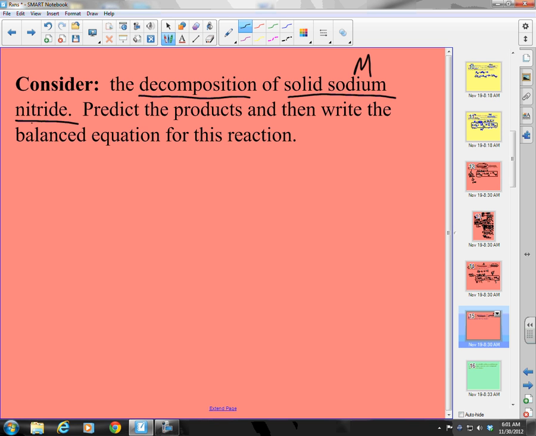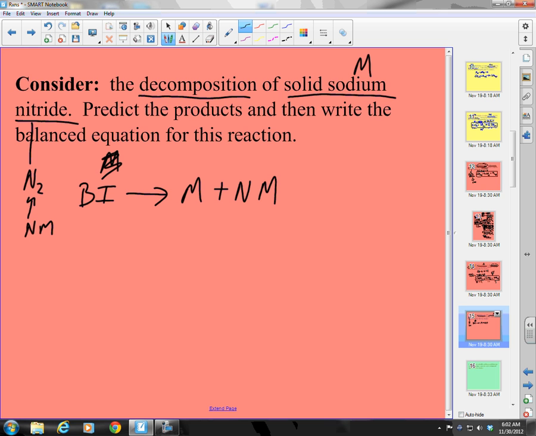Well, nitride comes straight from nitrogen, so that is a non-metal. What do we call a metal with a non-metal? An ionic compound. How many things are in this? Two. So it is a binary ionic compound. Binary ionic compounds decompose to form metals plus non-metals.